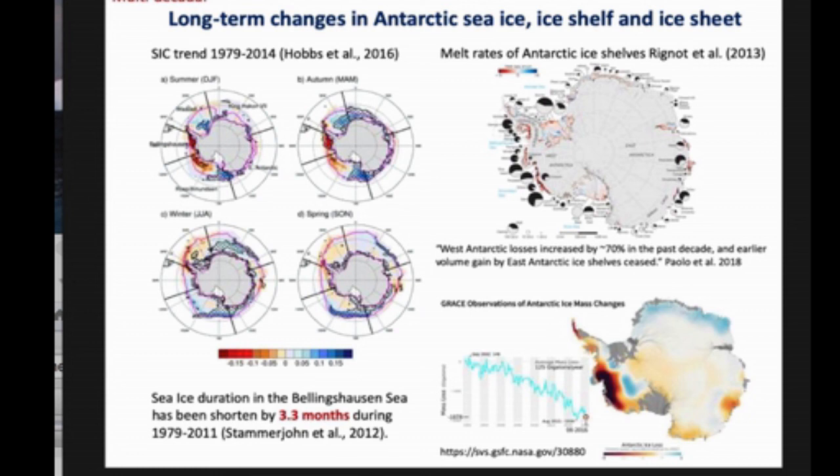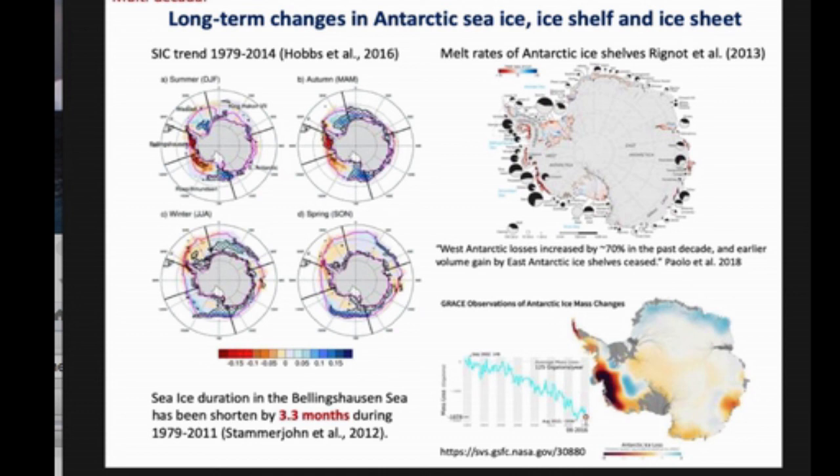Even before, Stammerjohn did ice advance and retreat time series, which can also produce the ice cover season.